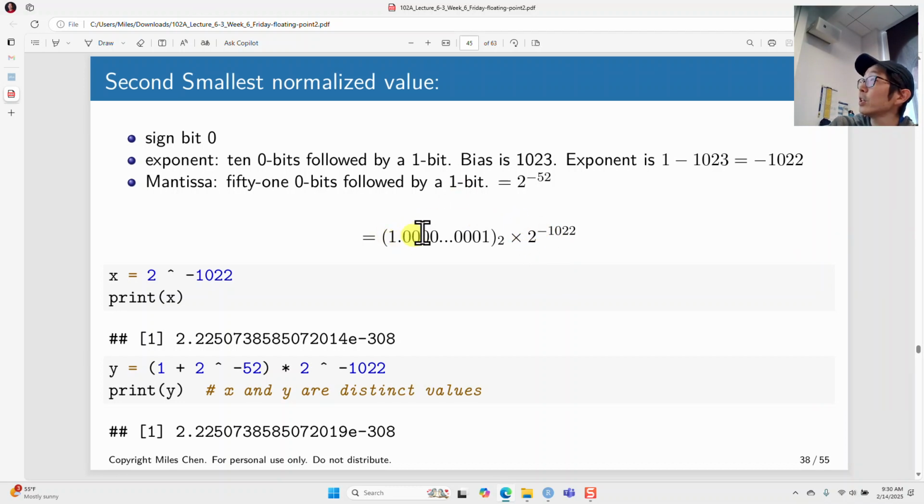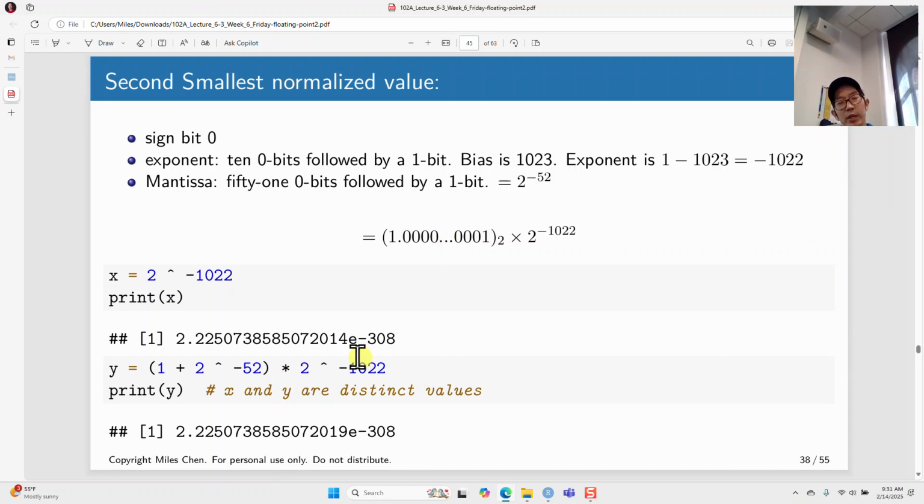So basically, if I just add 1, so if I have my mantissa is all zeros and then just a 1 bit at the very end, that's going to be 1.00000 all the way to a 1 here. And this 1 bit represents 2 to the negative 52. And we're multiplying by my exponent of 2 to the negative 1022.